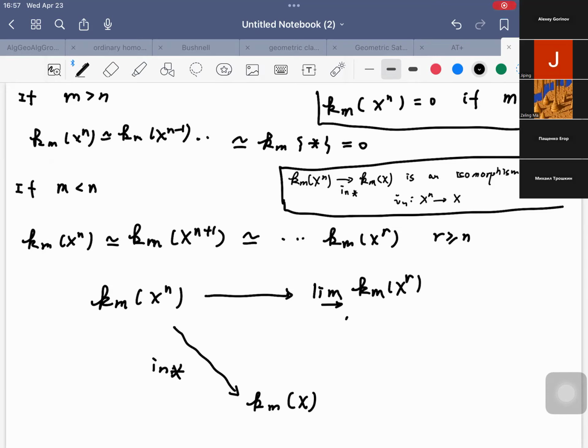And this is also by the inclusion. This is a collection of morphisms, and this is just you take x to.